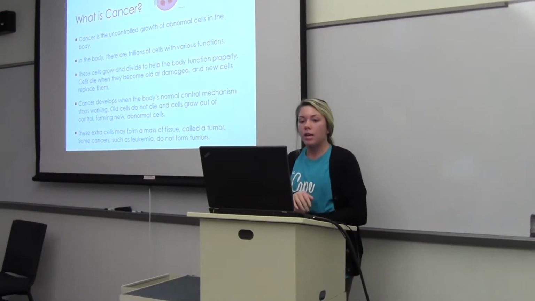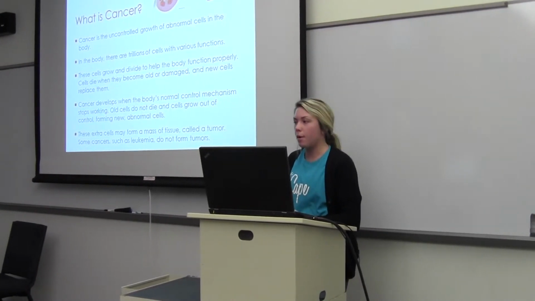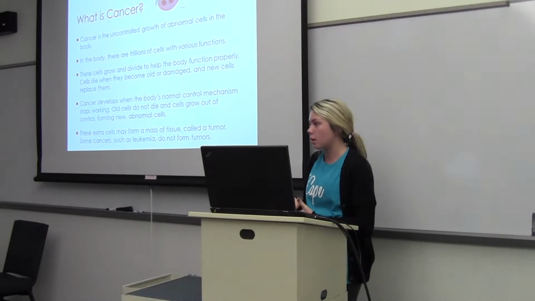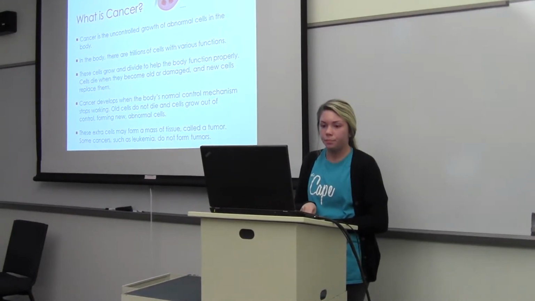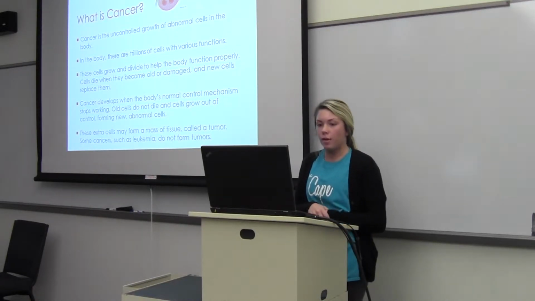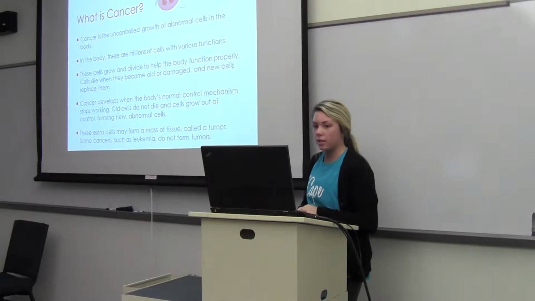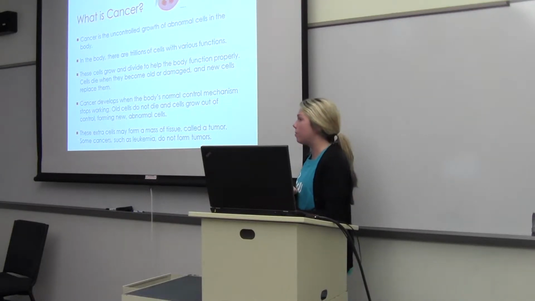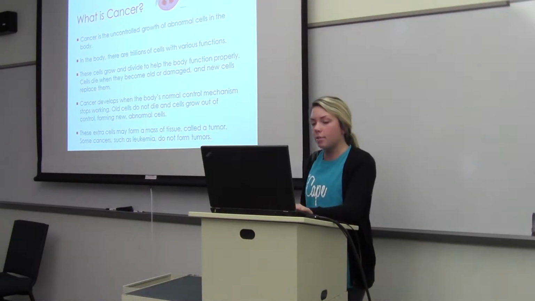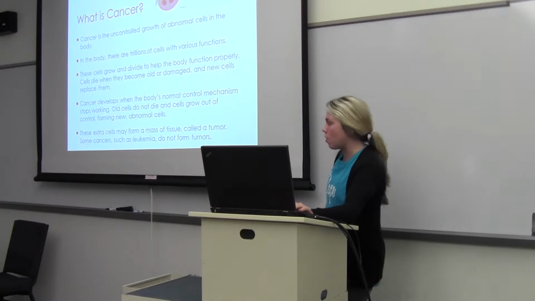But cancer develops when the body's normal mechanism for making cells stops working, and old cells do not die, and cells grow out of control, forming new abnormal cells. And like I said a minute ago, a collection of extra cells is a tumor. And some cancers, like leukemia, do not form tumors.